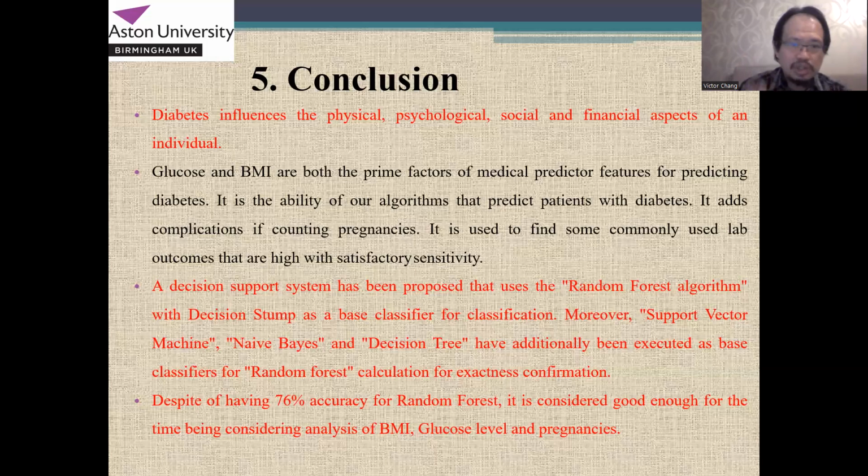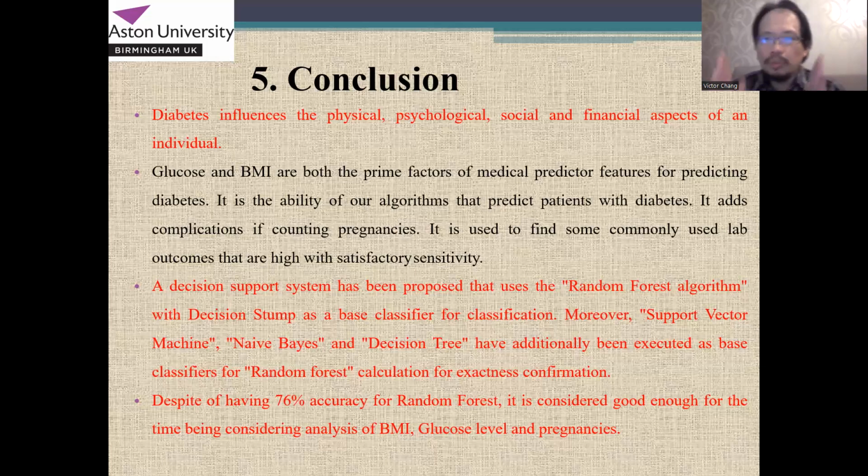So a decision support system has been proposed that uses the random forest algorithm with decision stump as a base classifier for classification. However, support vector machine, naive Bayes, and decision trees have additionally been executed as a base classifier for random forest calculation for exactness, if confirmation.